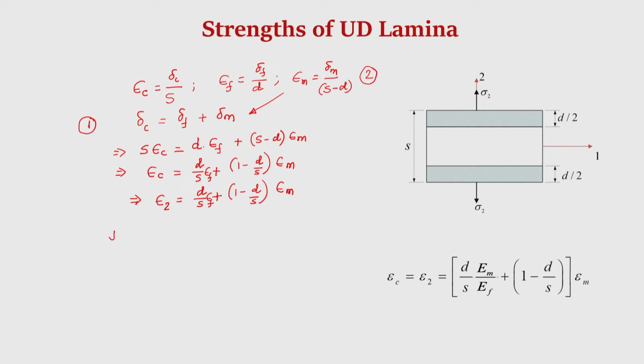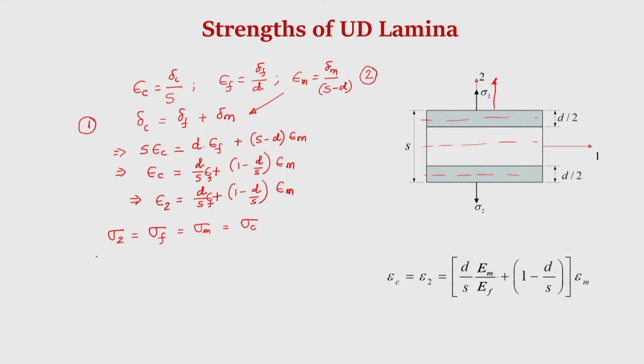Now, suppose the stress in the transverse direction is sigma 2. This is the composite stress, which is the transverse stress, because the stress is in this direction 2, and the force divided by the cross section, whether it is here or here, is the same. So, uniform stress, of course with the assumption that the fibers are equally spaced in the thickness direction. So, stresses are the same in the transverse direction in the fiber, matrix and the composite.